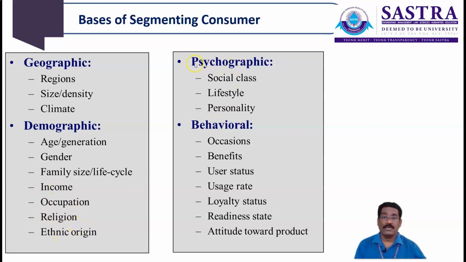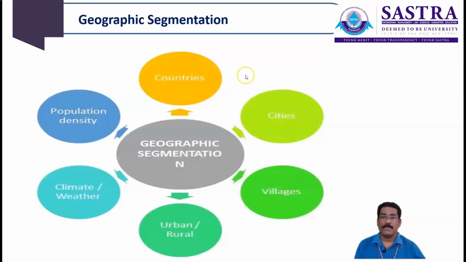In the case of psychographic, you've got social class, lifestyle, personality. And in the case of behavioral segmentation, you've got occasions, benefits, user status, usage rate, loyalty status, readiness stage, and attitude towards the product. I will try to back this with more examples to give you fundamental clarity on these elements.